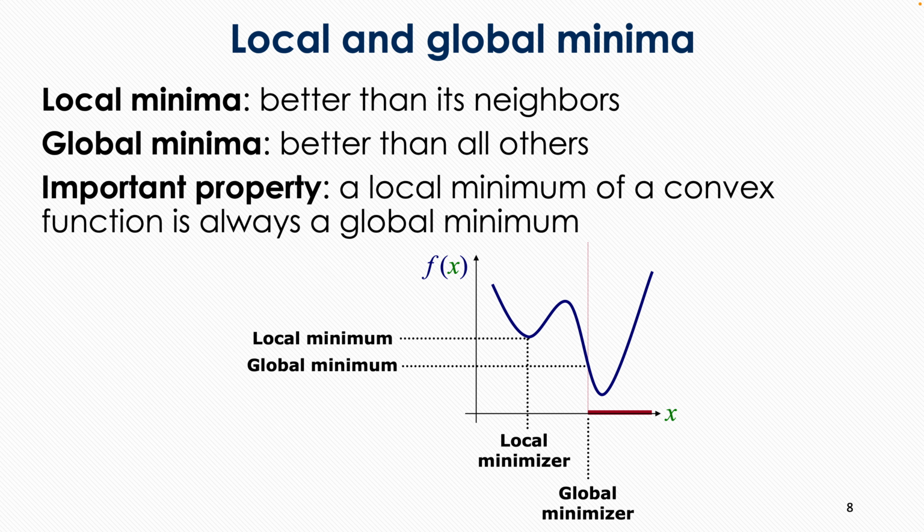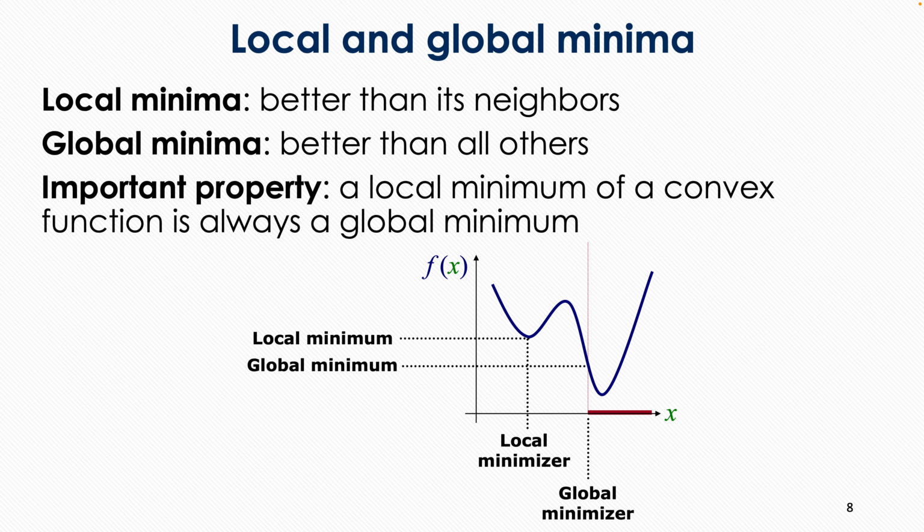And so a local minimum is better than its neighbors, and a global minimum is better than everything. One of the properties of optimization solvers is that if you have a convex function, it's a lot easier to find a global minimum, because any local minimum in a convex function is your global minimum, but that may not be true for a non-convex function.